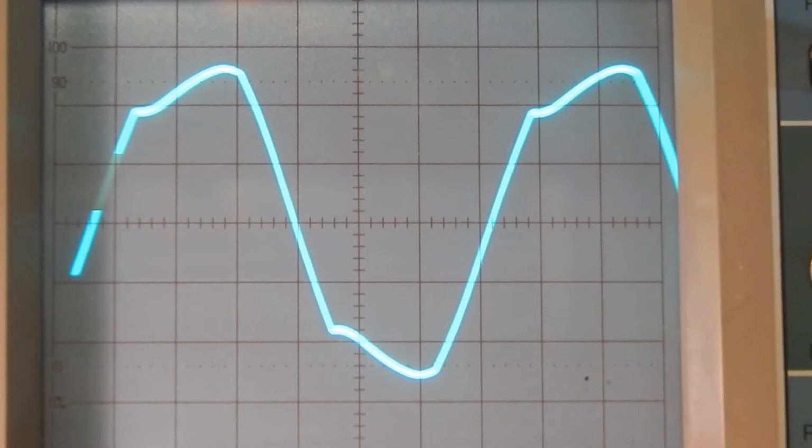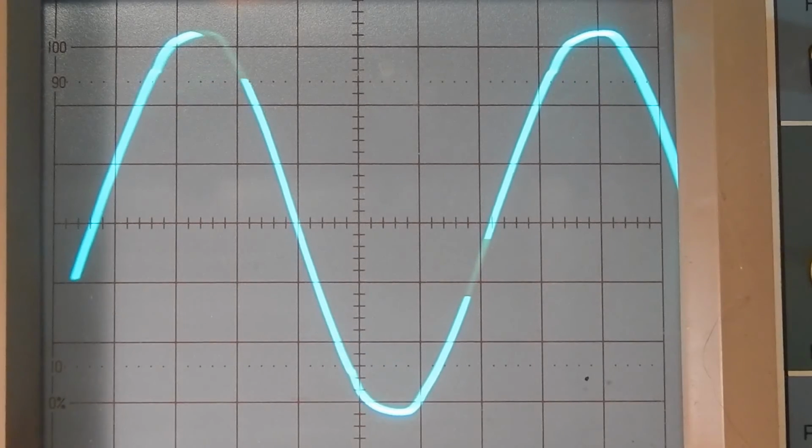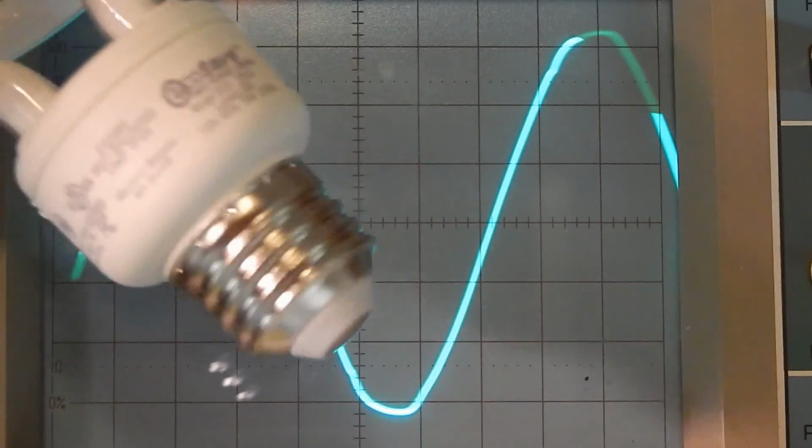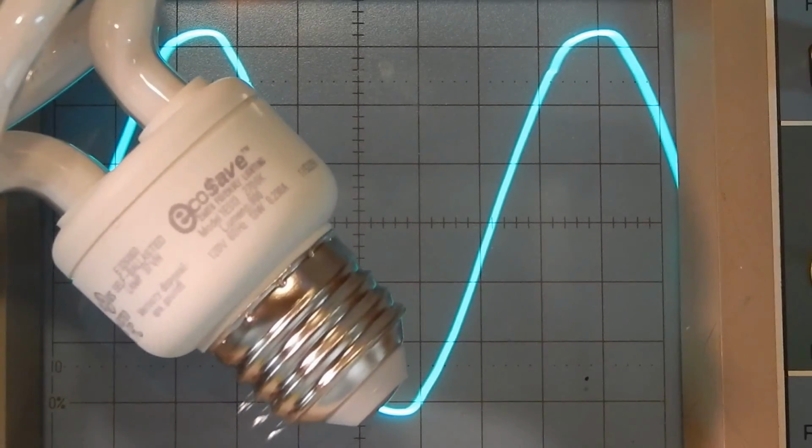It's taking energy off the peaks, really the beginning of the peak, and then it kind of... This is, let's see if I can find the brand of this bulb. This is an EcoSave bulb. These haven't been the worst. I've had worse CFLs.